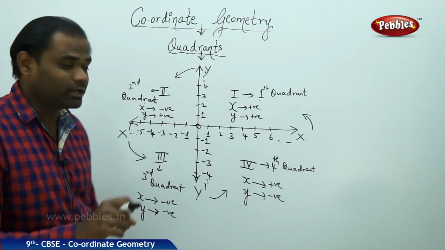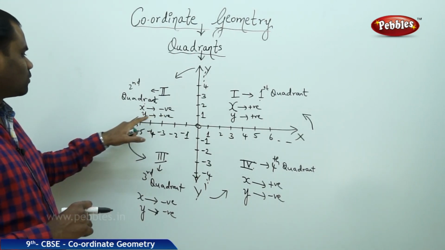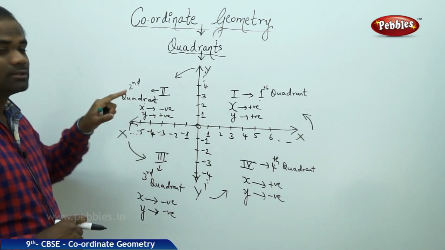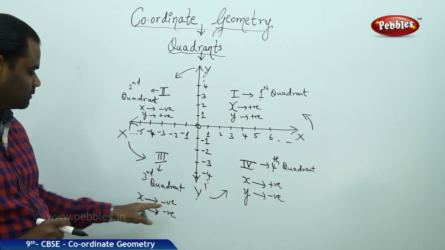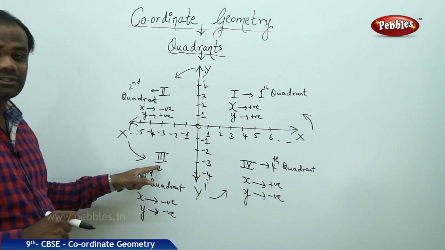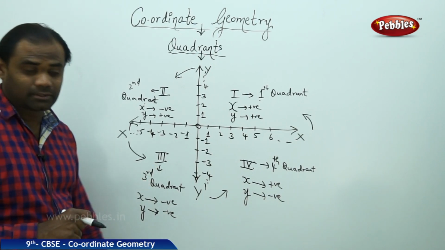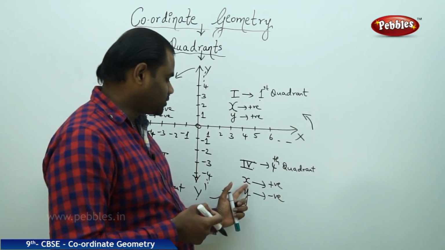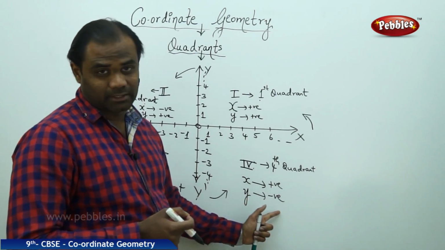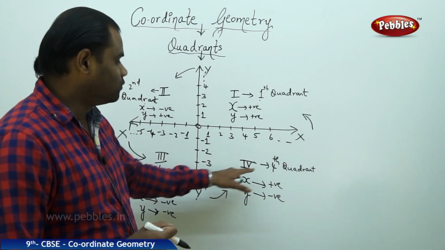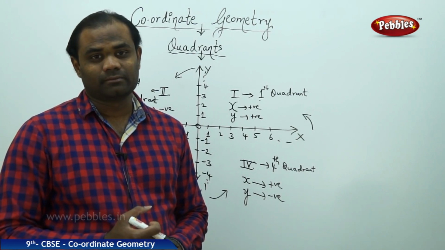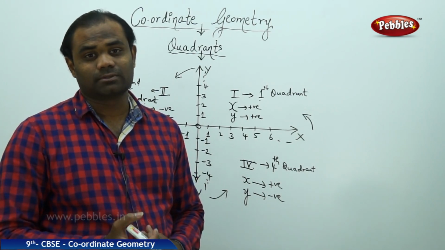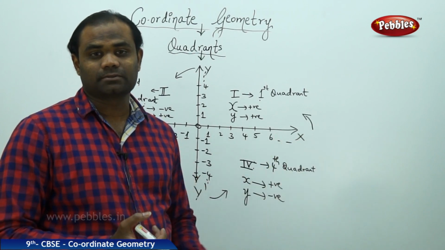The region in which x is negative and y is positive is called the second quadrant. The region in which x is negative and y is negative is called the third quadrant. The region in which x is positive and y is negative is called the fourth quadrant in the coordinate system rules.